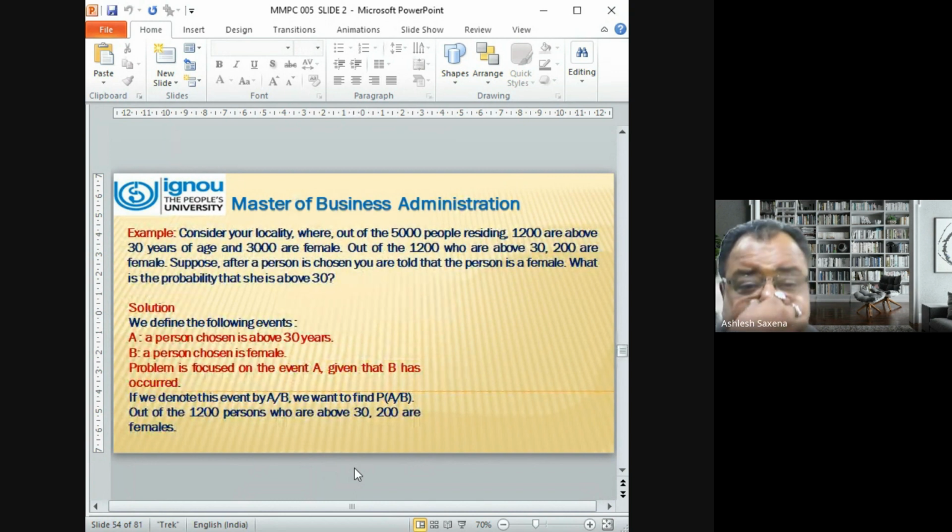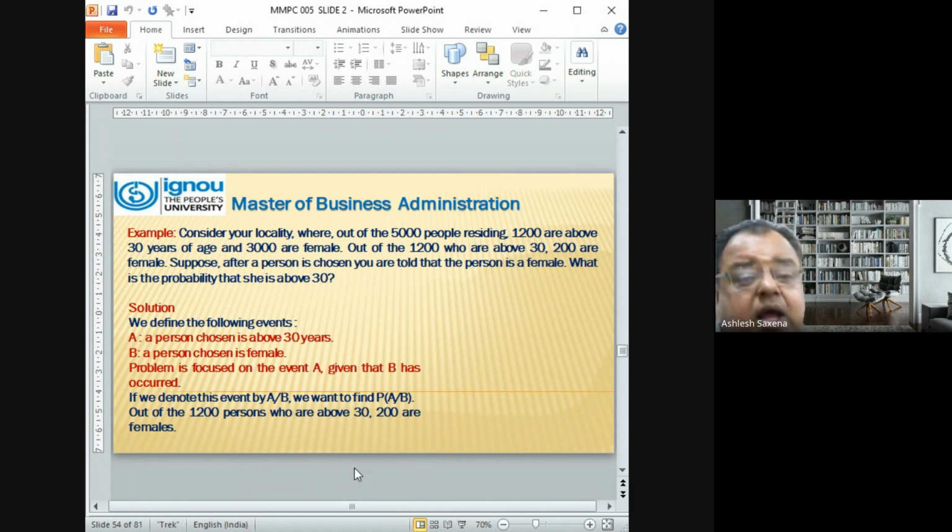Now see what is happening over here. A complex problem, easy to understand, but it's not that easy also to understand. You have to think it over. Consider your locality, wherever you are staying, where out of 5,000 people residing, 1,200 are above 30 years of age, and 3,000 are females.